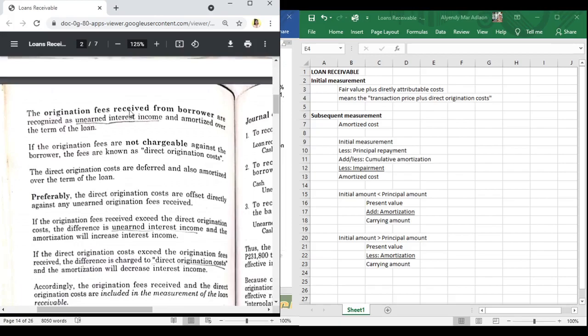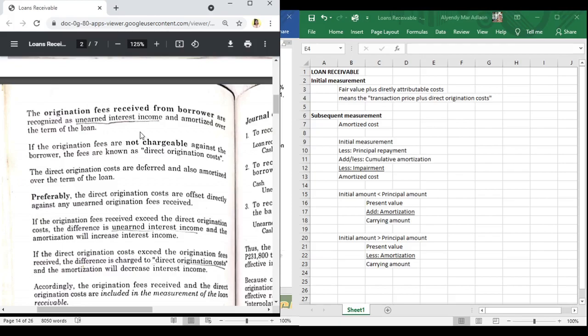The origination fees received from the borrower are recognized as an earned interest income. Okay. So, take note, the borrower borrowed, and we gave them money. But not just that, aside from being given money, the borrower pays us the origination fees.